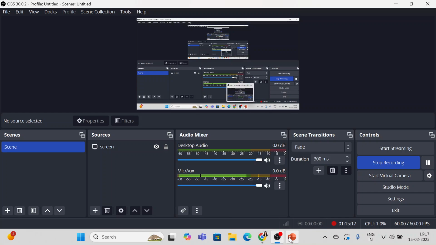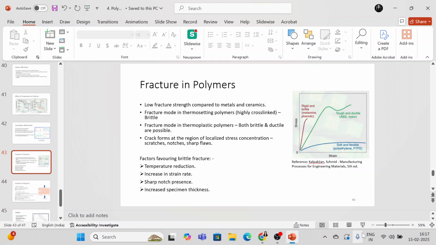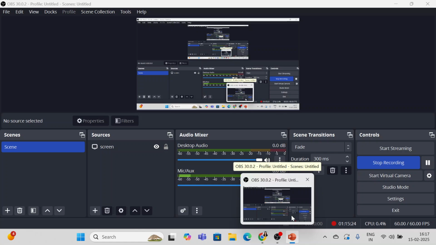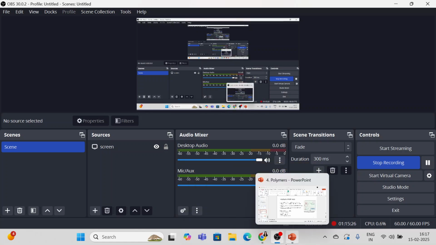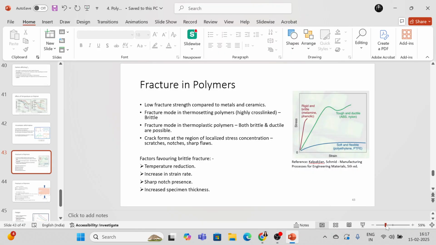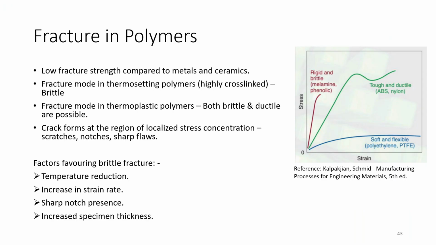Next are some factors which favor brittle type of fracture. Some examples: if you are reducing temperature, then your polymer will fail in a brittle manner.